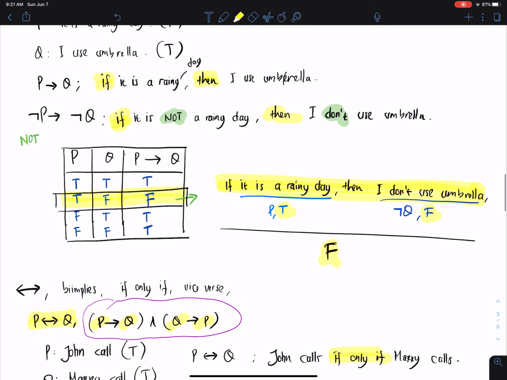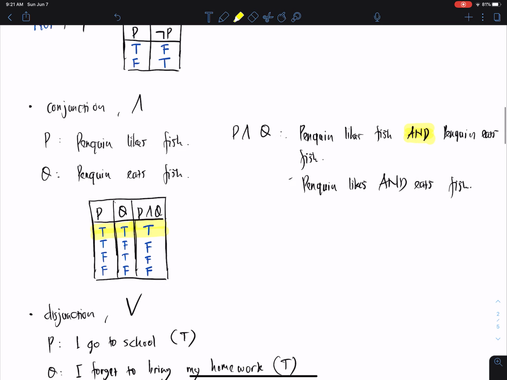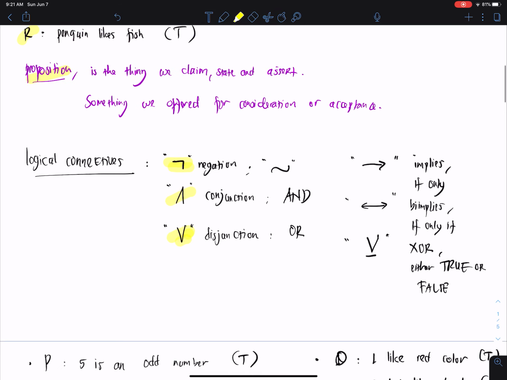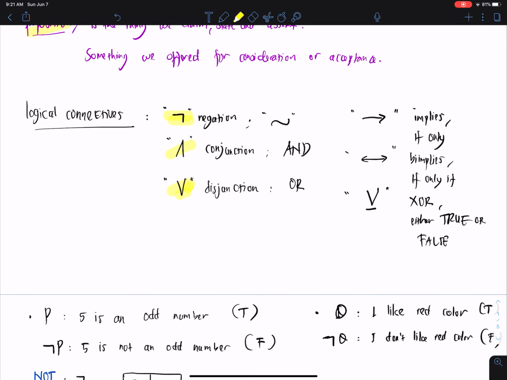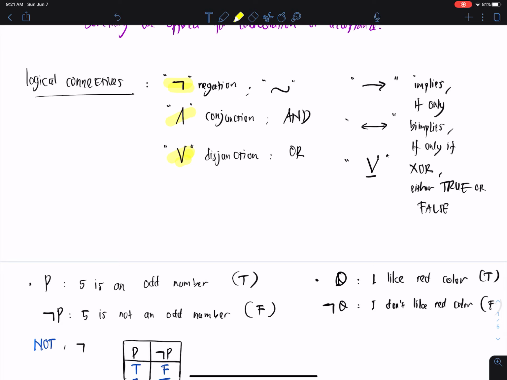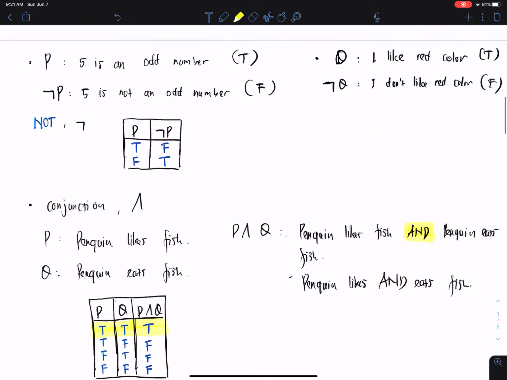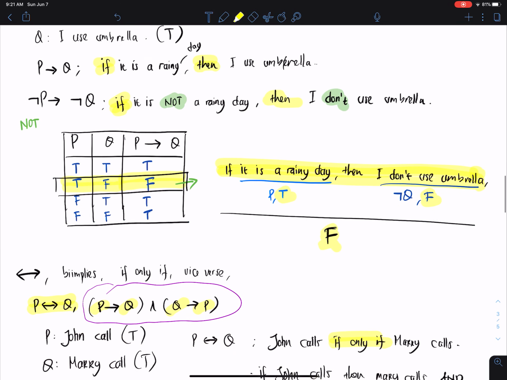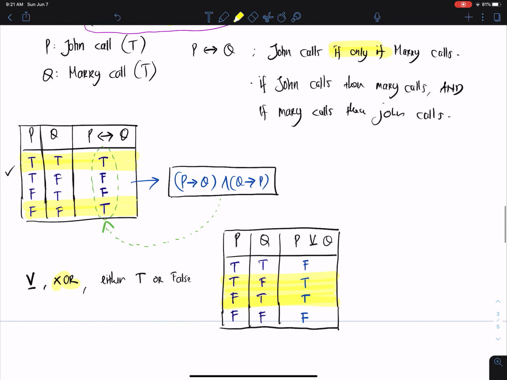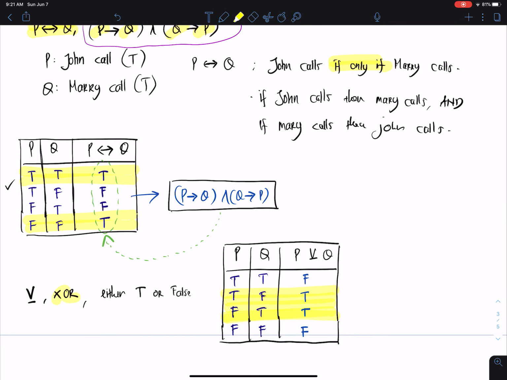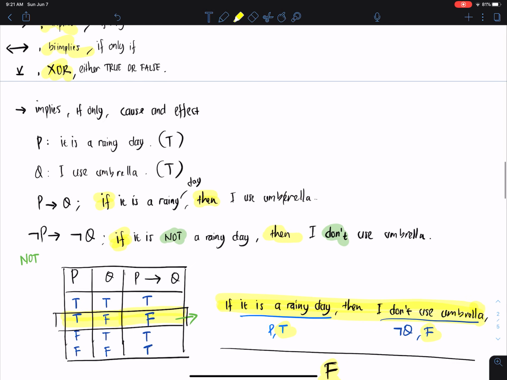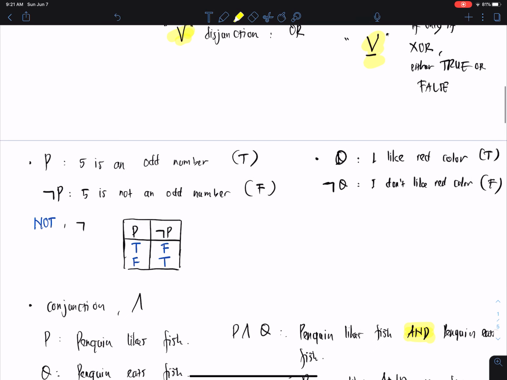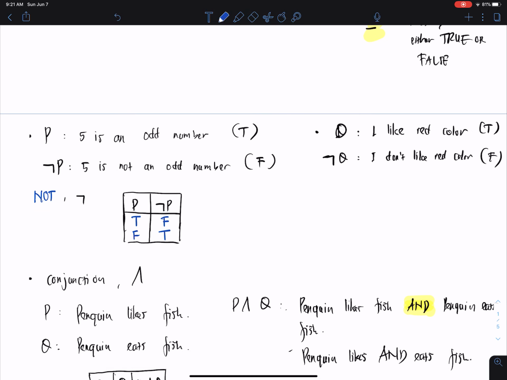And we already discussed all the logical connectives, starting from negations earlier, and then the truth table, followed by conjunctions, disjunctions, and then implies, Biimplies, and XOR over there. So take some time and try to understand again, one by one, all the 6 examples for the 6 logical connectives that we just discussed.